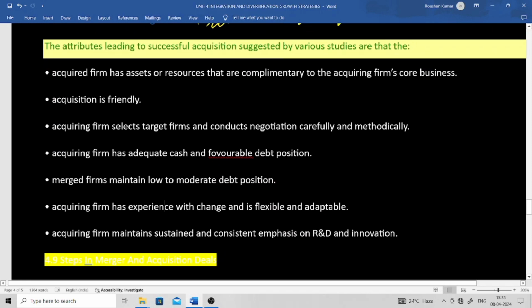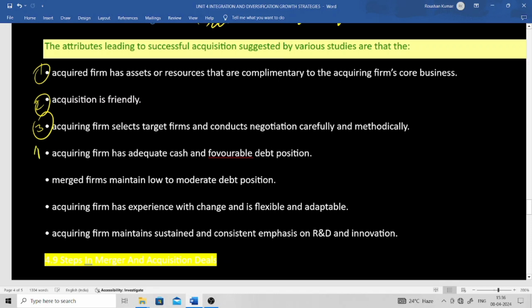Now next, here you have the attributes leading to successful acquisition suggested by various studies. First, the acquired firm has assets or resources that are complementary to the acquiring firm's core business. Second, the acquisition is friendly. Third, the acquiring firm selects the target firm and conducts negotiation carefully and methodically.